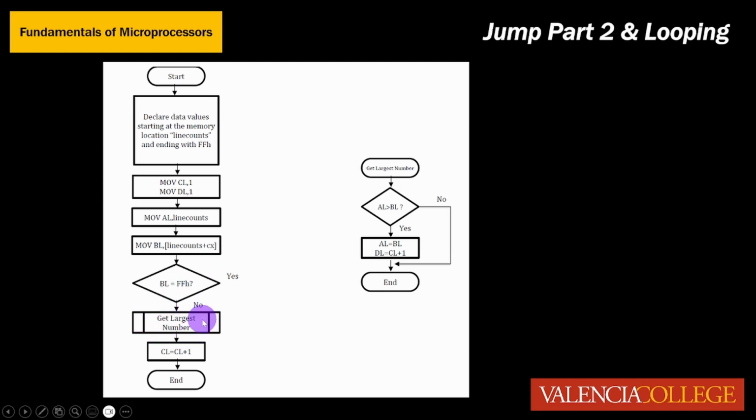Then here we're going to go to a subroutine, which is get larger number, and that's where we do the comparison. And then once I compare it, whichever is larger is going to be in, let's just say, AL, and then we're going to go ahead and add one more number to register DL, and then we start over again.